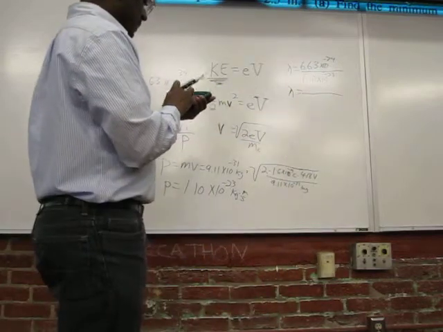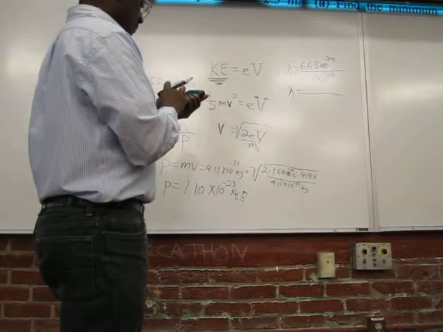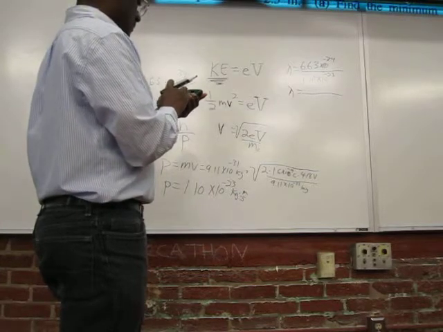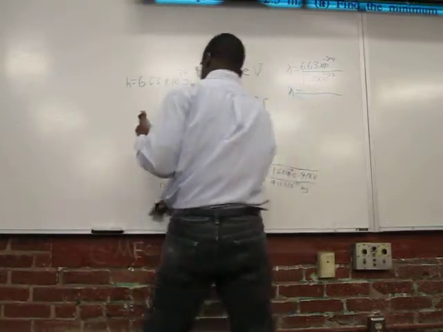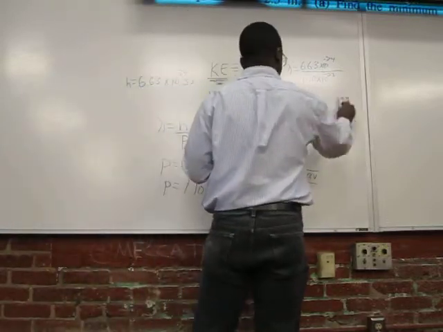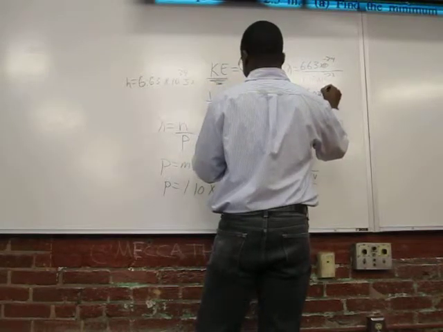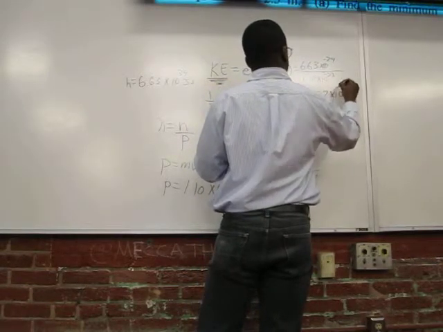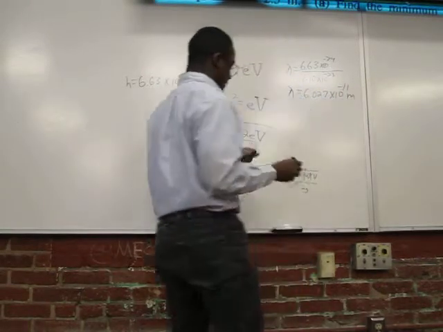So I just take 6.63 times 10 to the negative 34 divided by 1.1 times 10 to the negative 23. Alright. So I got the wavelength is 6 times 10 to the negative 11 meters.